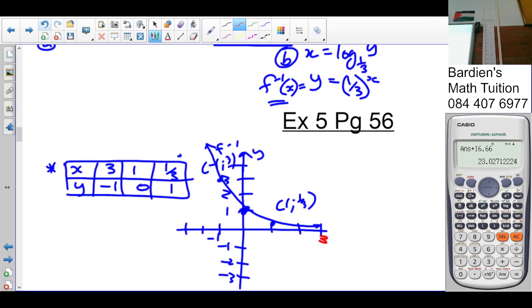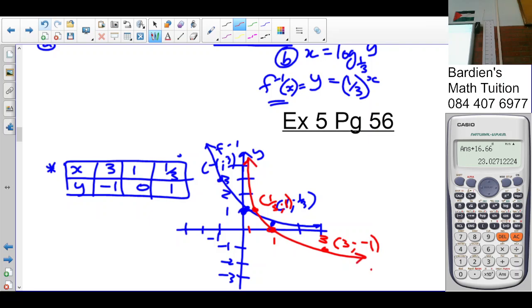X is 3, y is negative 1. X is 1, y is 0. X is a third, y is 1. Graph comes through like that.